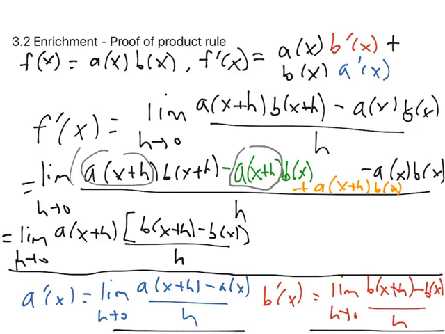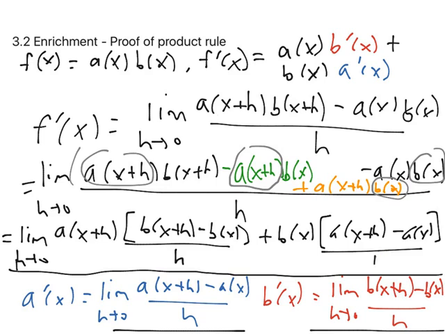Similarly, for the second term, I have a b of x here and here. So I can factor out the b of x. And I have remaining a of x plus h minus a of x. Of course, the whole thing is as h goes to 0.